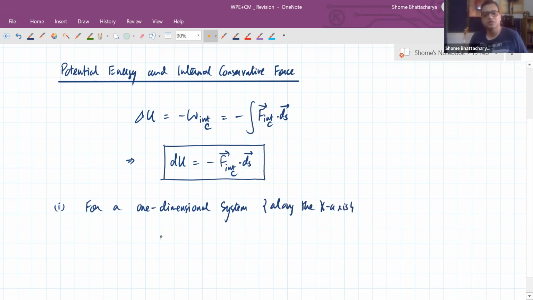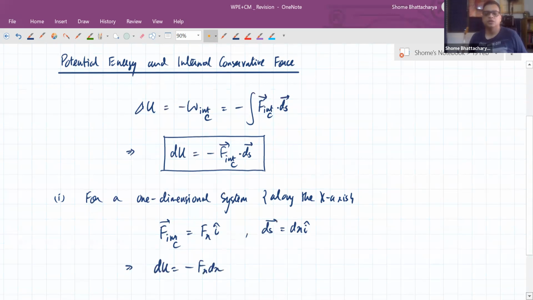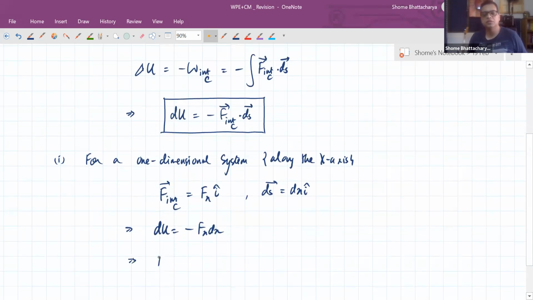What happens here is that the internal conservative force has just one component, along the x-axis, and the displacement also has only one component, along the x-axis. So the relationship above reduces to a simple product like this. So we can see the relationship between the internal conservative force and potential energy is this.